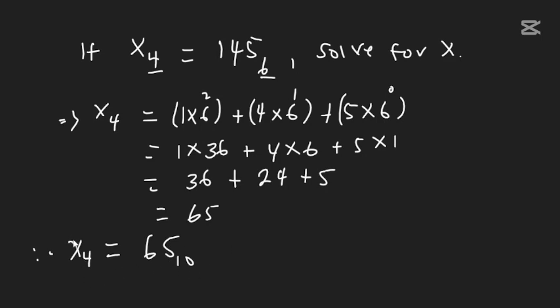So now that we know that x base 4 is equal to 65 base 10, let's convert 65 base 10 to base 4 and we'll get the value for x.